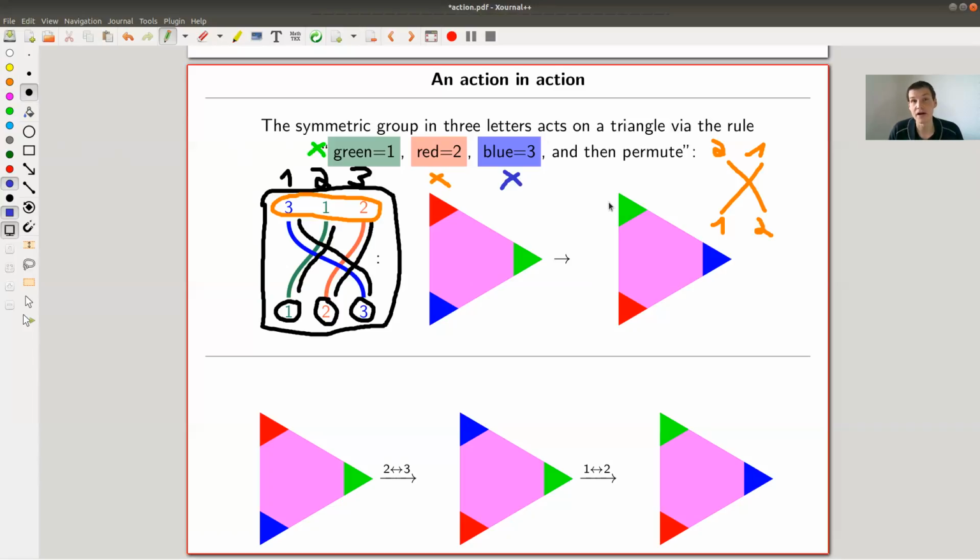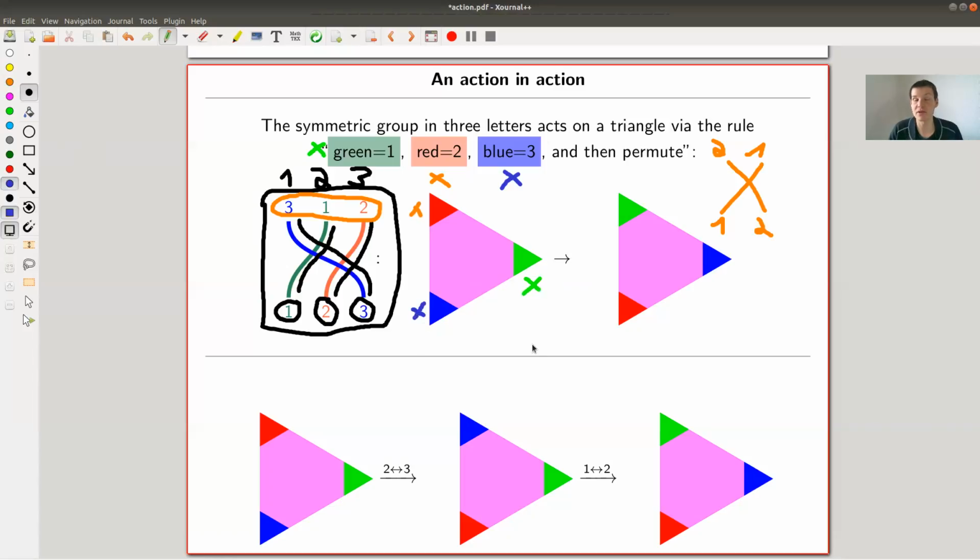And I can think of it as, well, actually, I'm acting with my group on a triangle which has three colored triangles inside that highlight what angle or what vertex you're looking at. I have a green one, I have a red one here, which is right under the red, and I have a blue one down here.